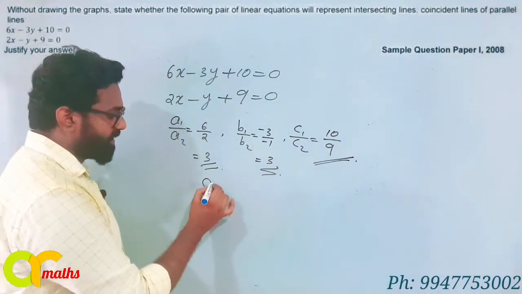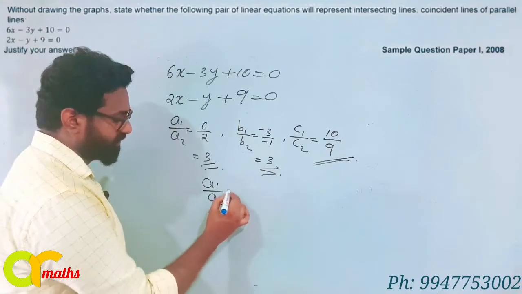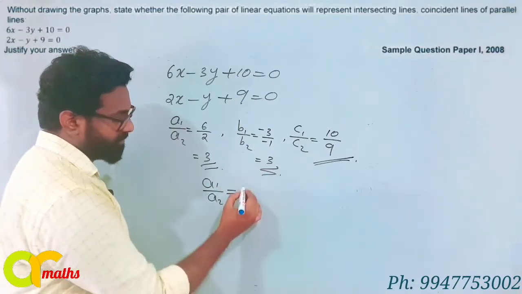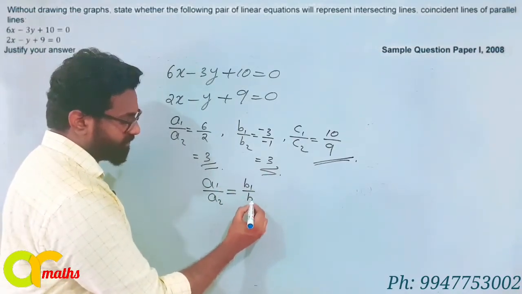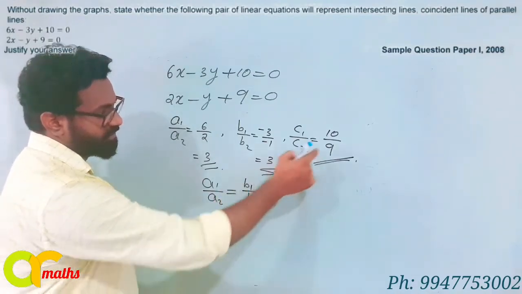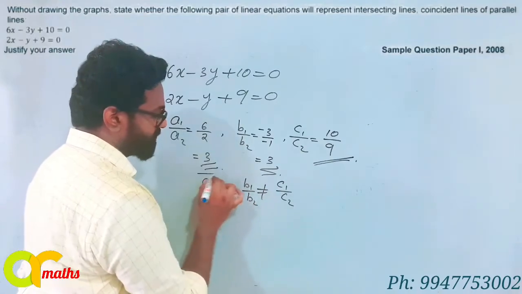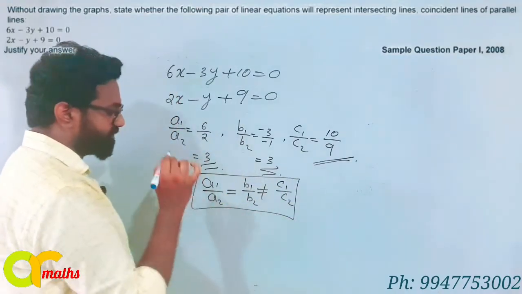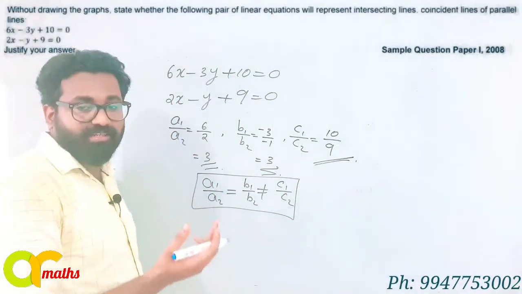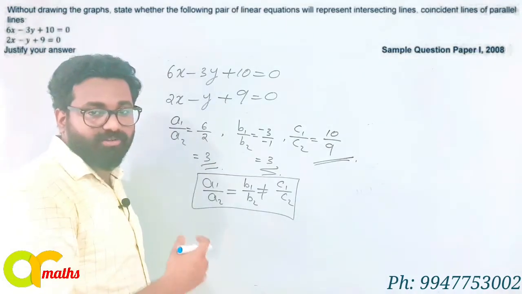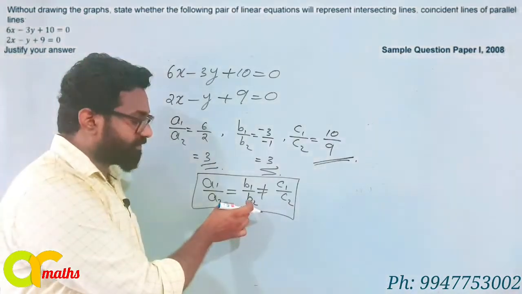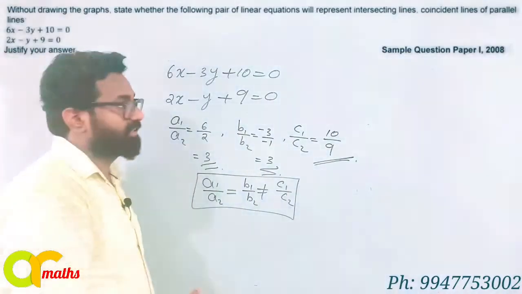So here a1 divided by a2 equals b1 divided by b2 and not equal to c1 divided by c2. This condition is for which lines? Intersecting, parallel or coincident?